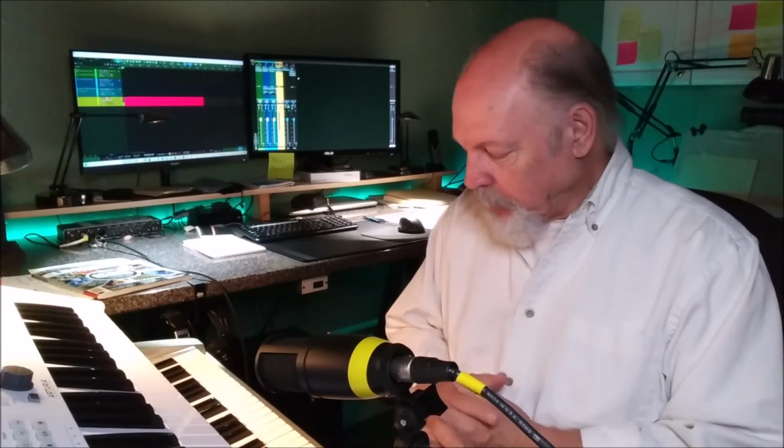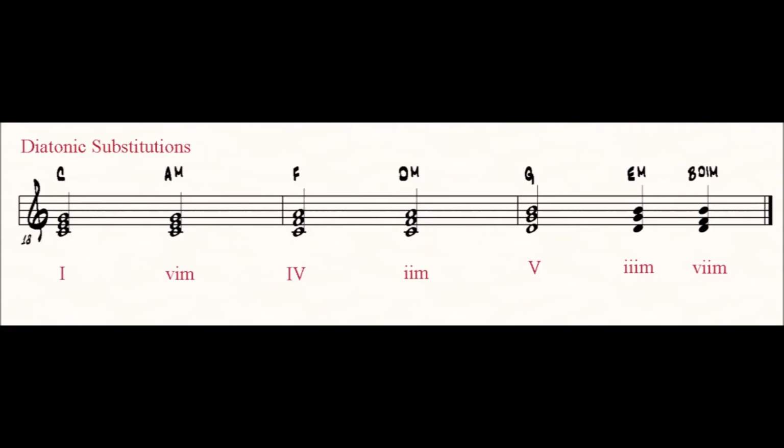Now, that's not to say that you couldn't do something different rather than just a straight substitution. You can. Okay, so hopefully you understand 1 to 6, 4 to 2, 5 to 3. Those are the basic substitutions for a major scale. Okay?